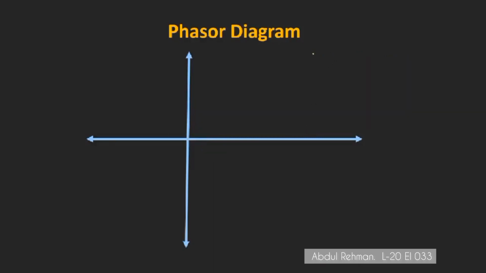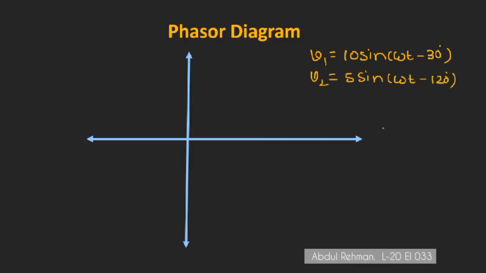Let's say we have a voltage V1 equal to 10 sin(omega t minus 30 degree), and the second signal V2 equal to 5 sin(omega t minus 120 degree), and we want to represent them on the phasor diagram. For the first signal, we draw a vector with an amplitude of 10 at an angle of minus 30 degree with the horizontal axis.